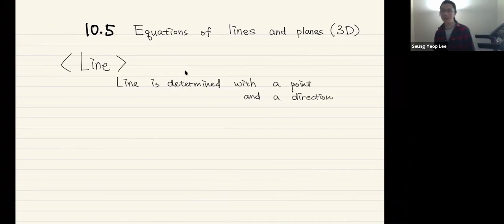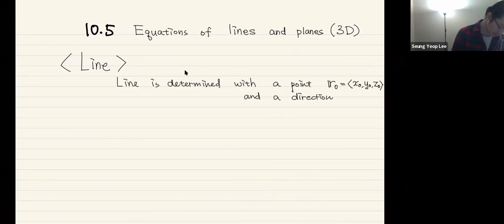Right? So a point can be given in 3 dimensions by 3 numbers. What's the good notation? A point is given by x coordinate x naught, y coordinate y naught, z coordinate z naught. These 3 numbers are a perfect way to give a point.